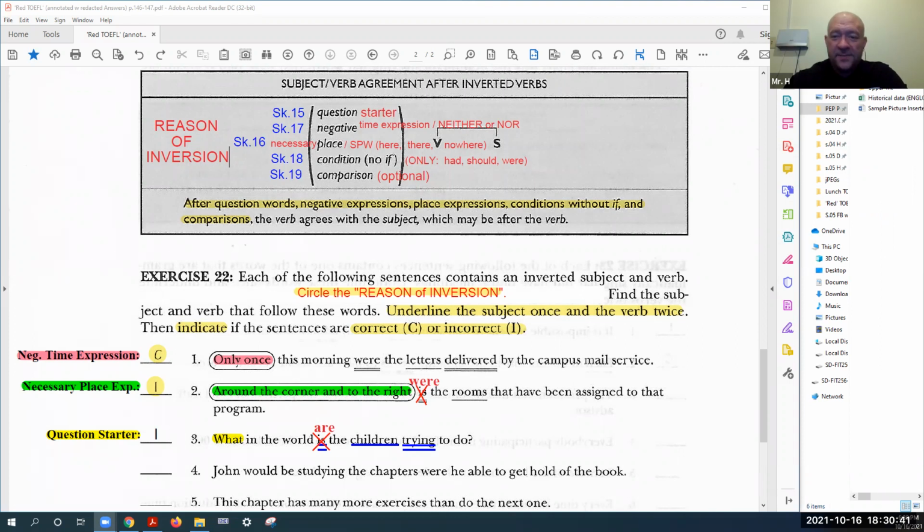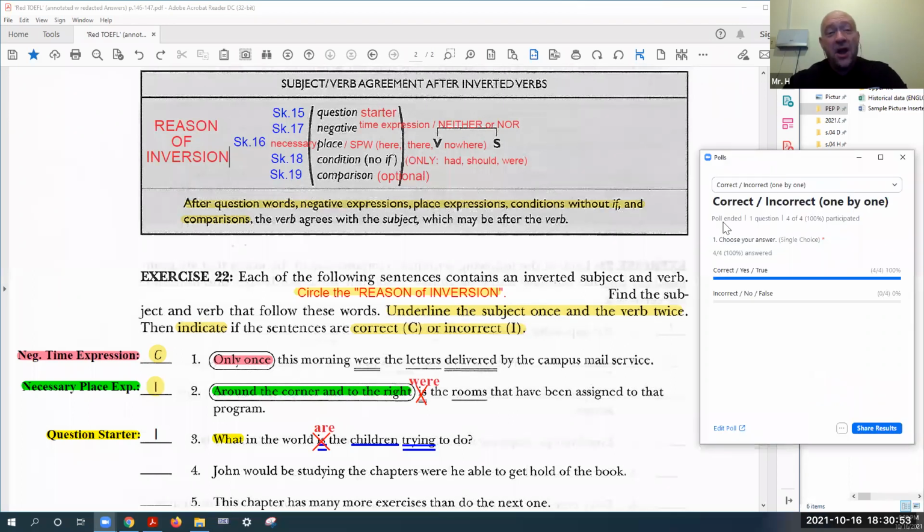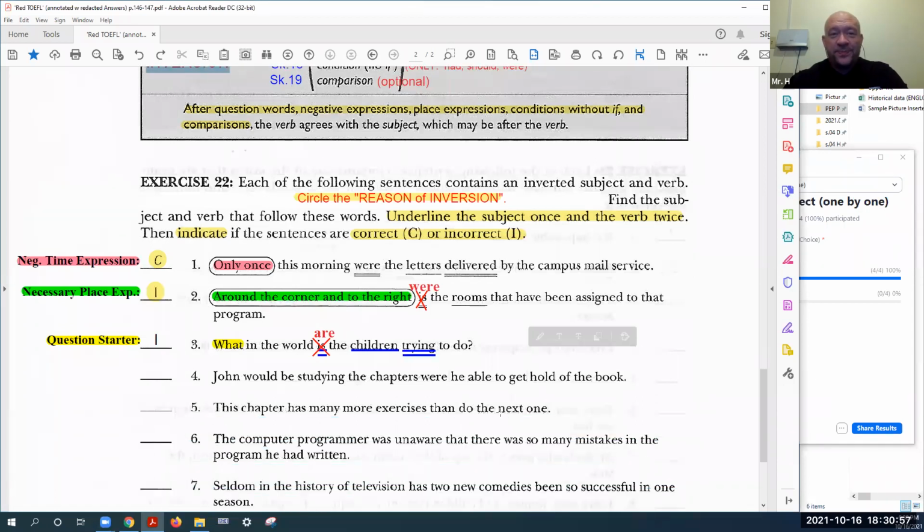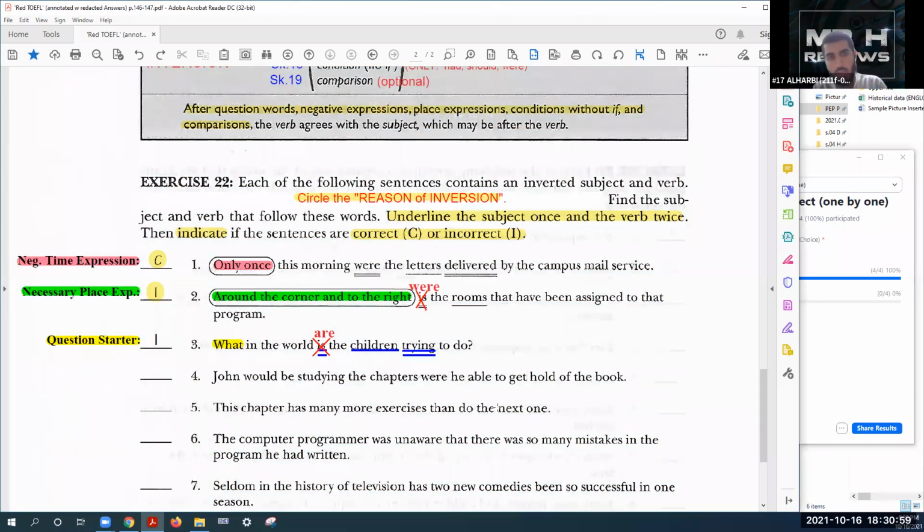Ten seconds, guys. 9, 8, 7, 6. Ooh, everyone agrees this time. Everybody agrees. Al-Harbi, I want you to explain this one. First, give me the reason.